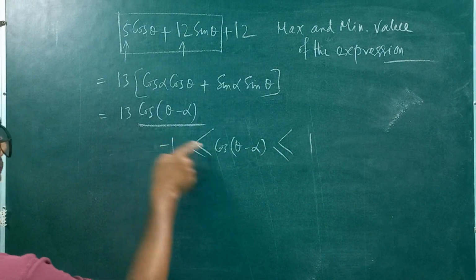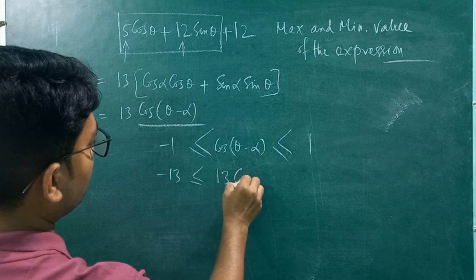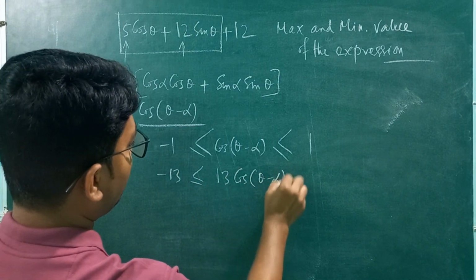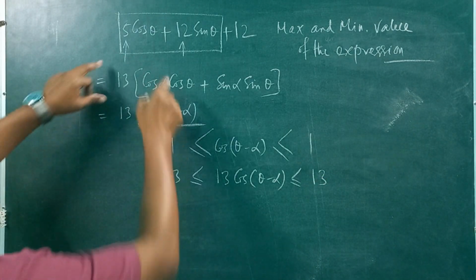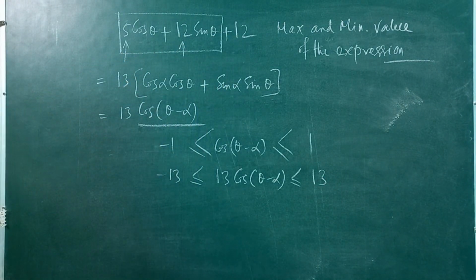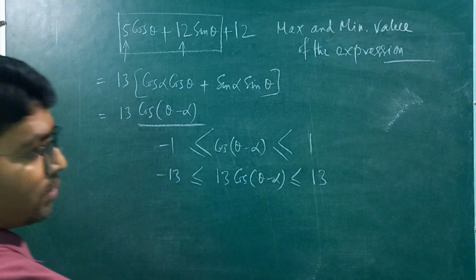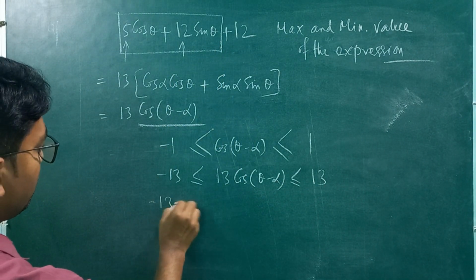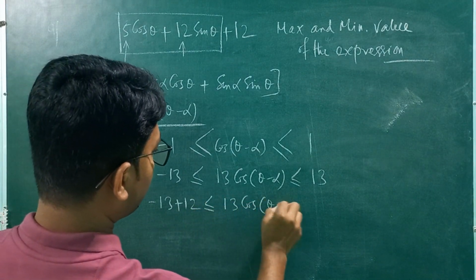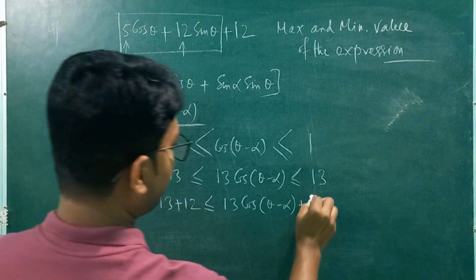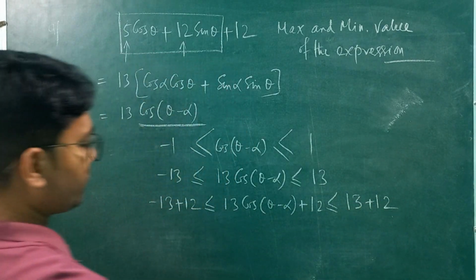Now first we multiply by 13, that is -13 less than or equal to 13 cos of theta minus alpha less than or equal to 13. But our actual expression was this expression plus 12. So we add 12 on every side: -13 plus 12 less than or equal to 13 cos of theta minus alpha plus 12 less than or equal to 13 plus 12.